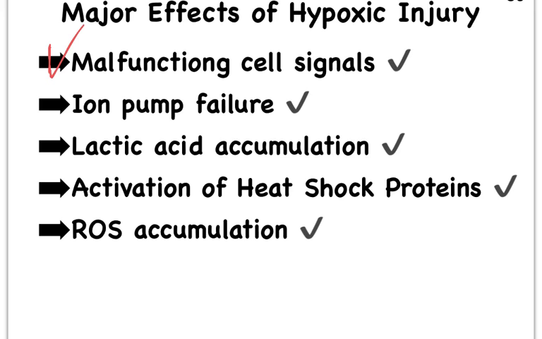So without ATP, we don't have good enough cell signaling. Our ion pumps can't function, which ultimately can lead to calcium overload and kill cells. We might see an accumulation of acidity, or lactic acid, I should say, and as we all know, then all the proteins and enzymes of cells can't function as well.